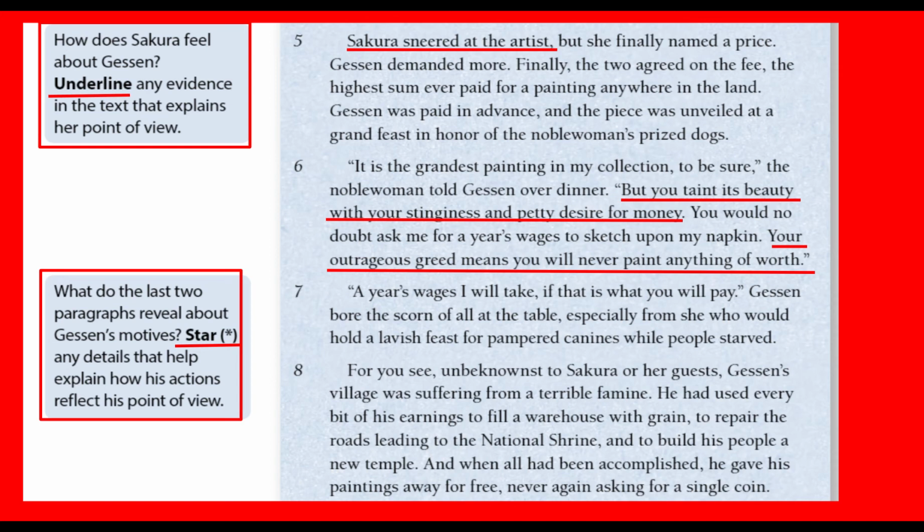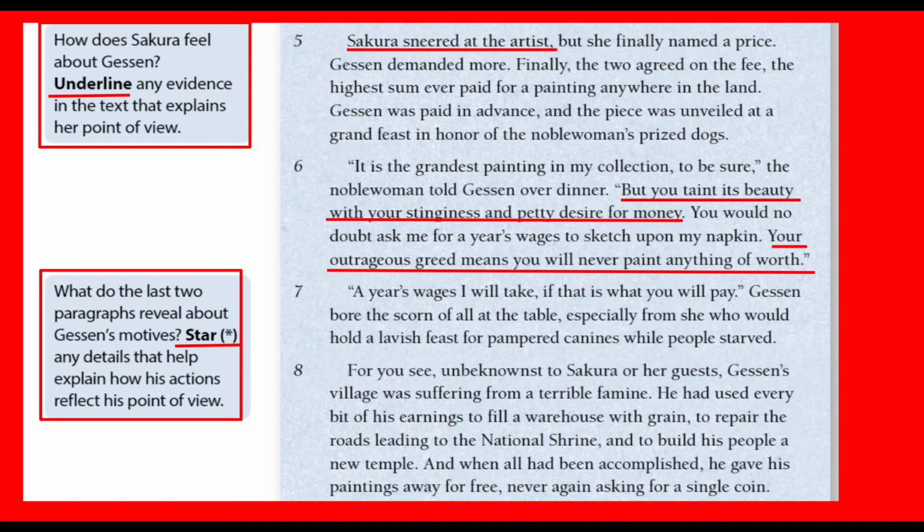So, how he looks at the situation. And when you find those details, I want you to put a star beside them. All right, so go ahead and get to reading. Don't forget, paragraph 7 and 8, that's where you're going to star the details, not before. So whenever you have finished starring your details, come back and we're going to go over it together.